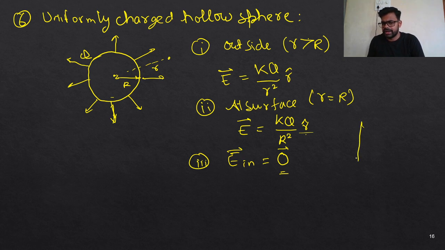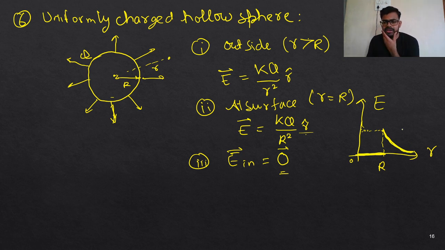Then that's why we are getting the formula like this, kq upon r square. So how will the curve look? Listen, the curve will be like this. This is E, this is r. From r equals 0 to r equals capital R, till the surface, it is 0. After that, from this point, the curve will look like this, a rectangular hyperbola, E is inversely proportional to r square.